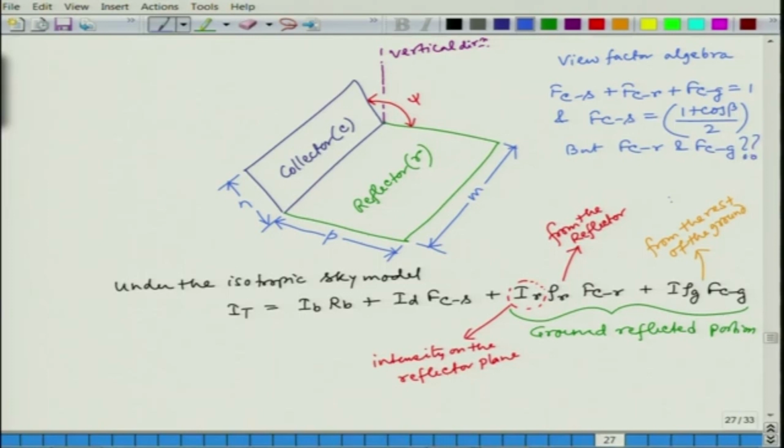So, either of them we have to know. If we know one, then the other will be obtained from this summation rule, okay, because among 3 terms we know 2, the third one we can get. Now, how to? So, let us try to find out how we can find this FCR, okay.